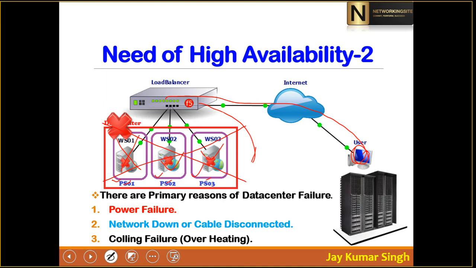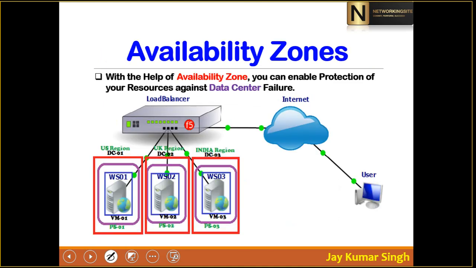This is the data center example. Now we will think about availability zones. Availability zones help provide availability of your servers if an entire data center fails. So availability zone enables protection against data center failure.